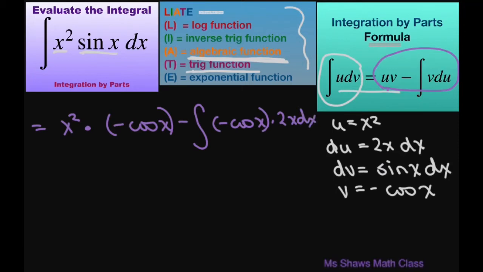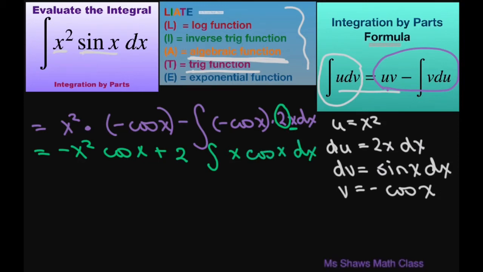All right, so let's simplify this a little bit. This is going to give you negative x squared cosine of x plus, I'm going to pull this 2 out front, plus 2 times the integral of x, pulling this x in front, cosine of x dx.